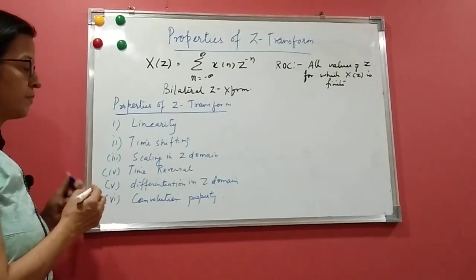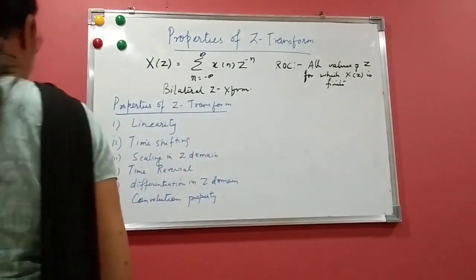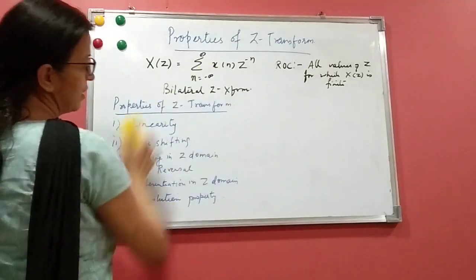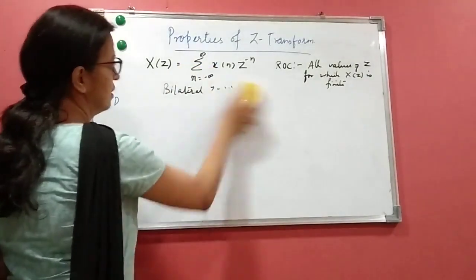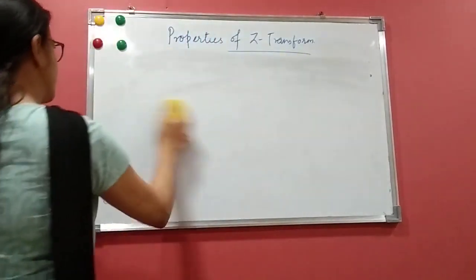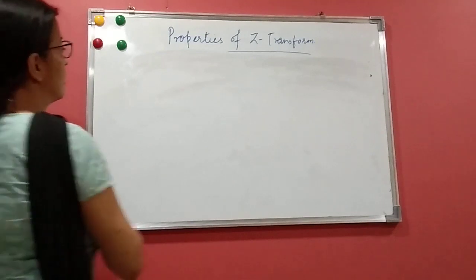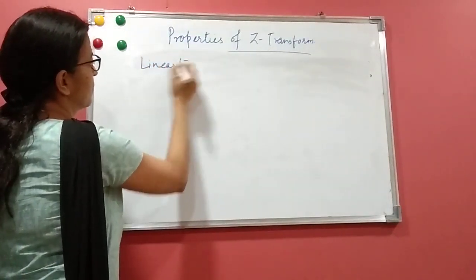We're going to see this property. The first property is linearity. Remember the definition of Z transform; we are going to use this definition. We'll also prove these properties.